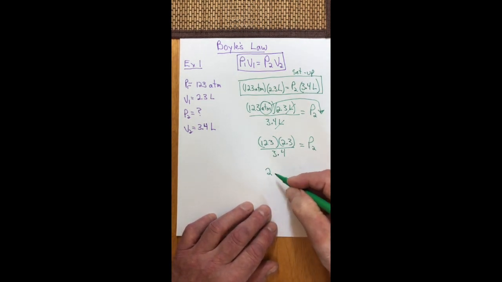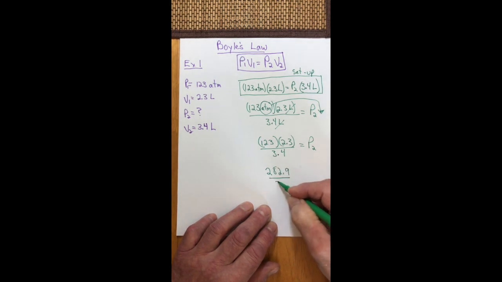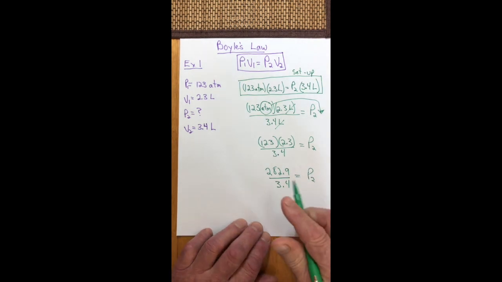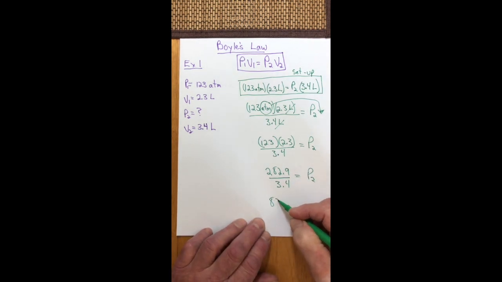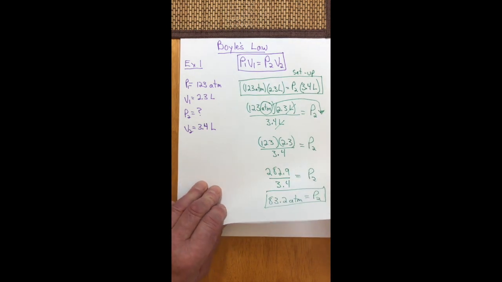Multiply those together, I get 282.9 divided by 3.4 equals P2. And when I divide that out, I get 83.2 atmospheres equals P2. And so that's your basic setup right there, and that's showing you how you cancel the units.